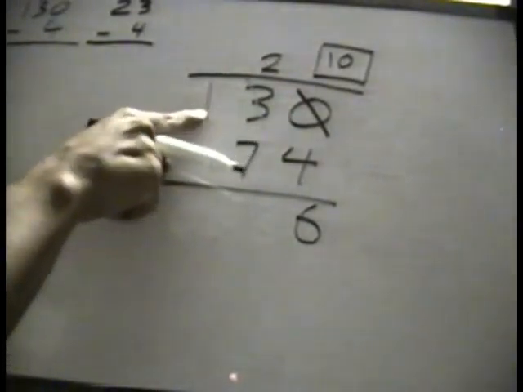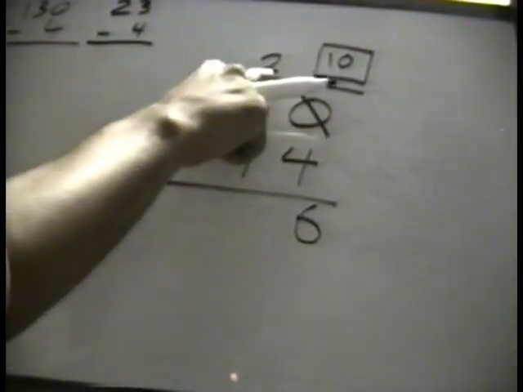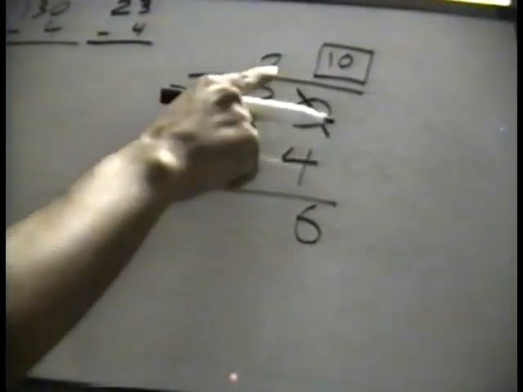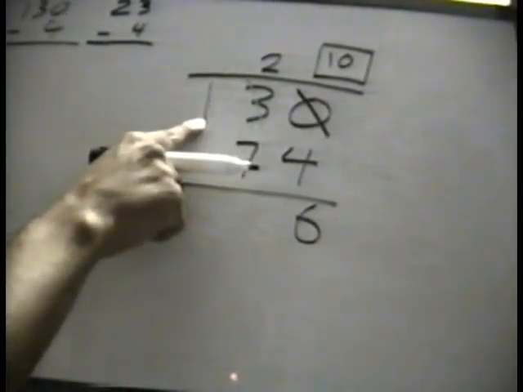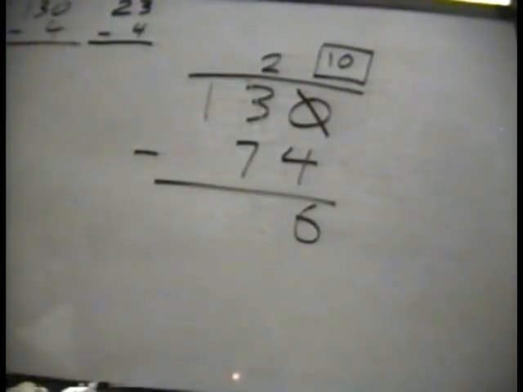Now here, if you looked at the 1 as being up here, this 2 is in the tens place, so we're going to have to borrow from the hundreds place. We simply borrow from the next place.